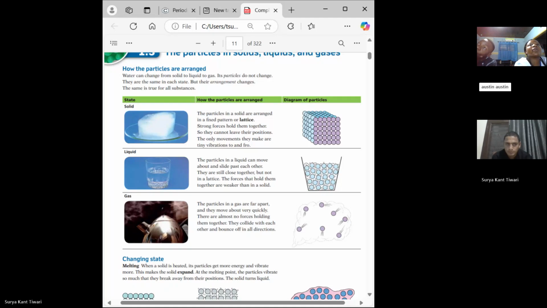The particles in a liquid move about, they slide past each other. They are still close together but not in a lattice. The forces that hold them together are weaker than in a solid.